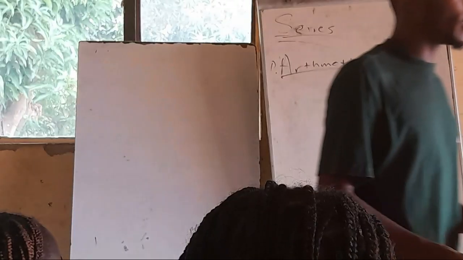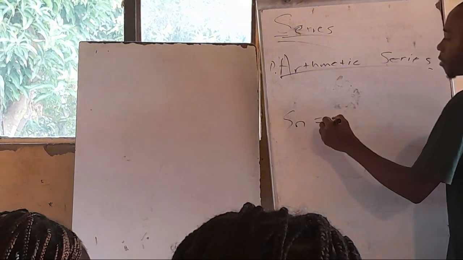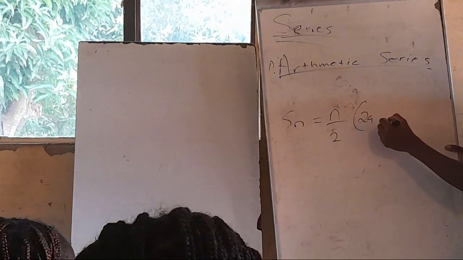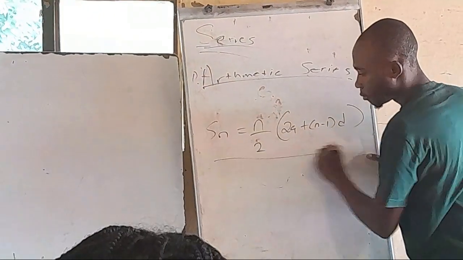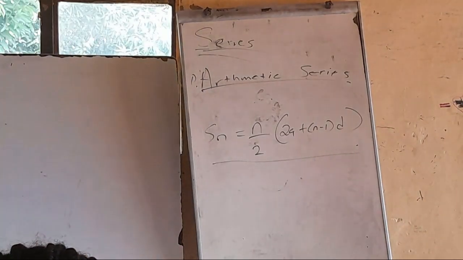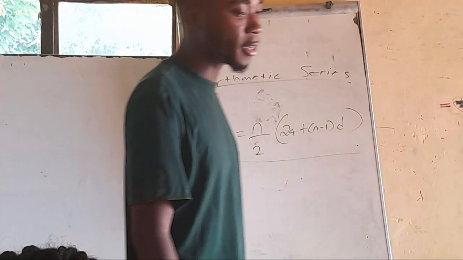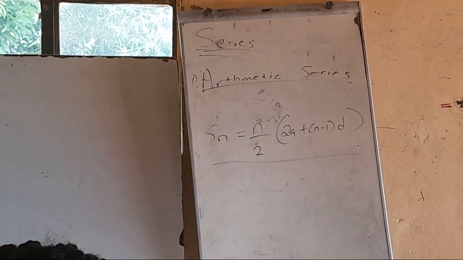It has its own formula, right? The formula for arithmetic series is Sn equals n over 2 into 2a plus n minus 1 d. That's your formula for arithmetic series.